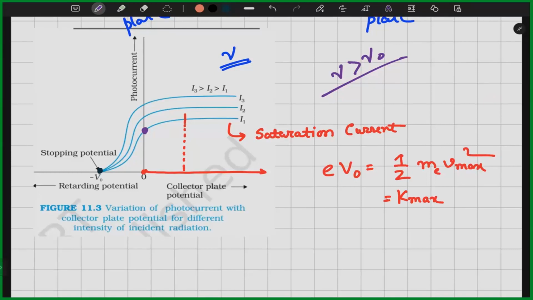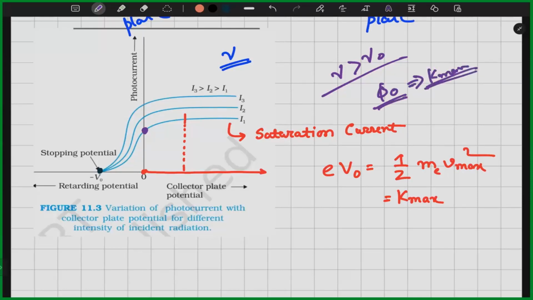It means that the electrons emitted from that plate essentially do not all have sufficient kinetic energy to reach plate A, right? Because the electron which has the work function phi 0 has the highest kinetic energy, K max.